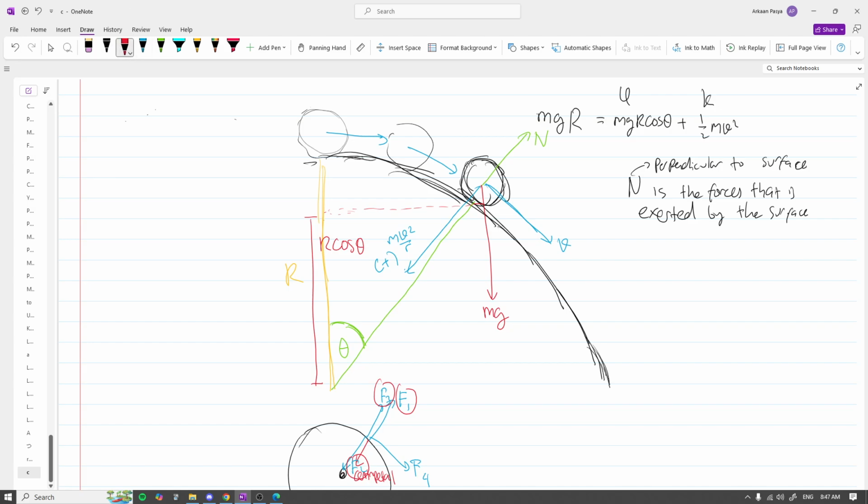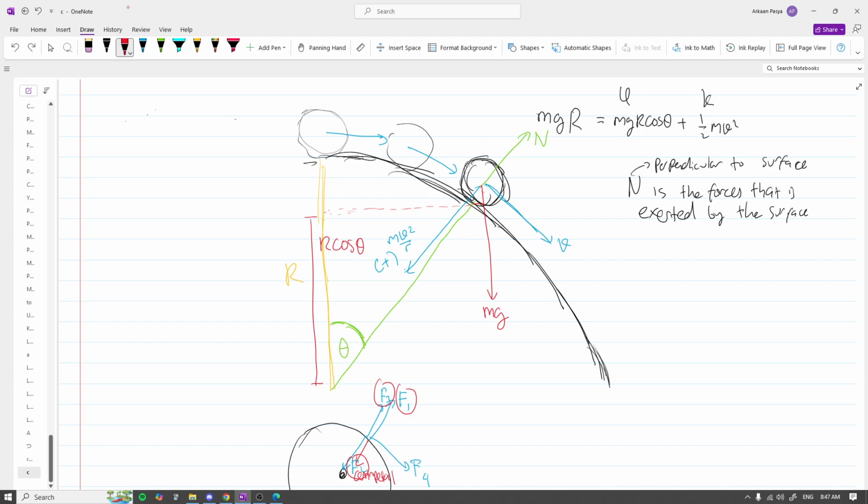And mg can be described as this and this component, and we don't care about the tangent component.